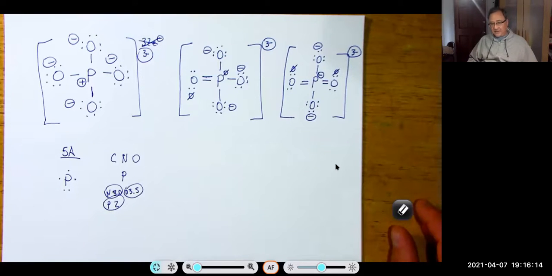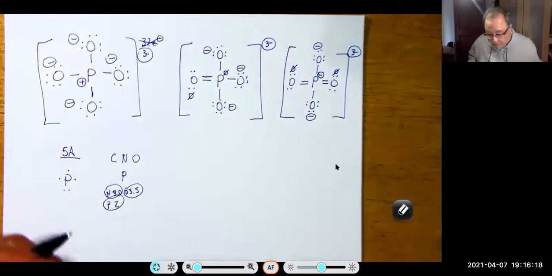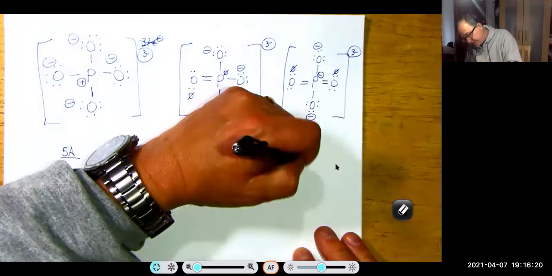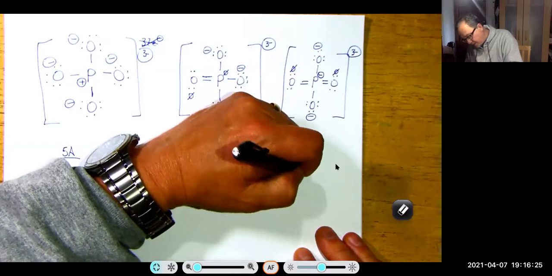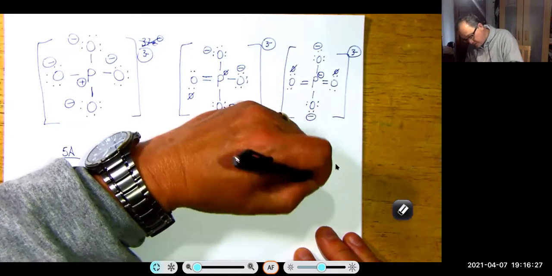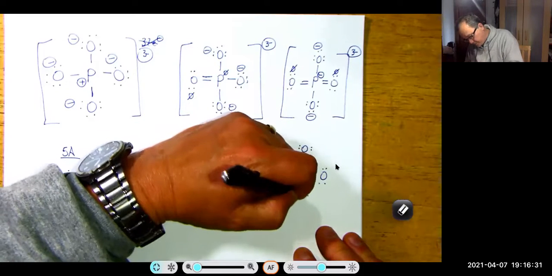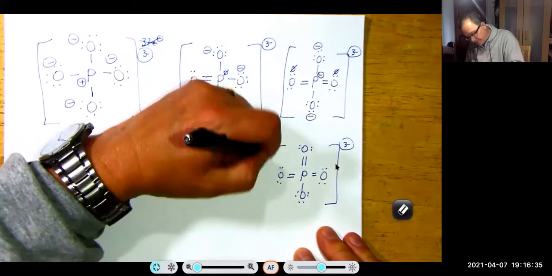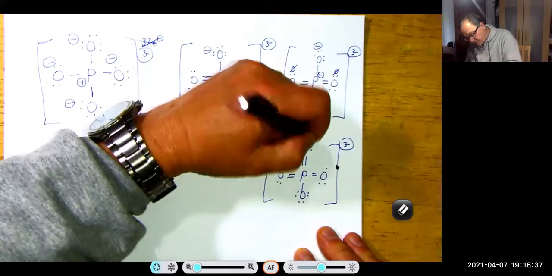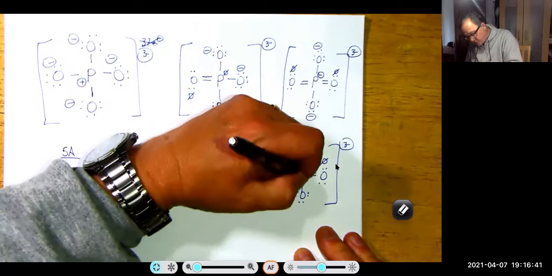You with me? Yeah. And if we try to do this further, like a third double bond, like this, we would find out that we're getting way too far down the rabbit hole. Because here, in this case, you would have a 0, 0, 0, -1, and a -2.